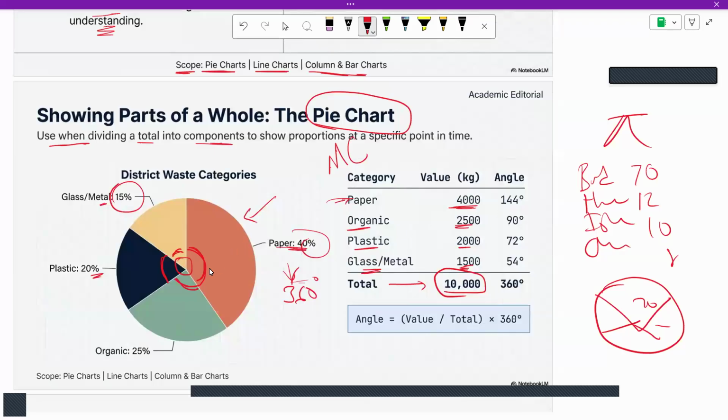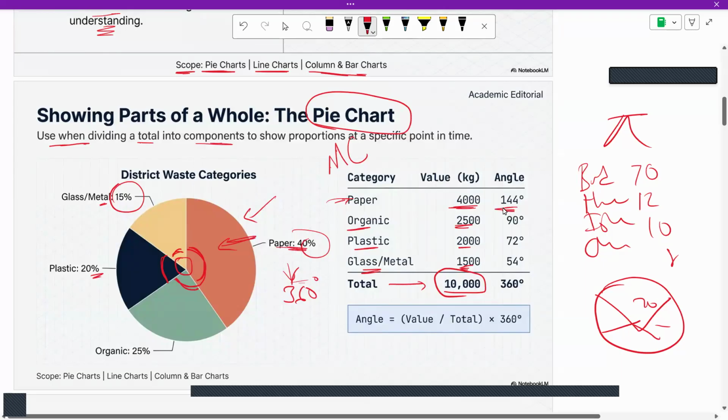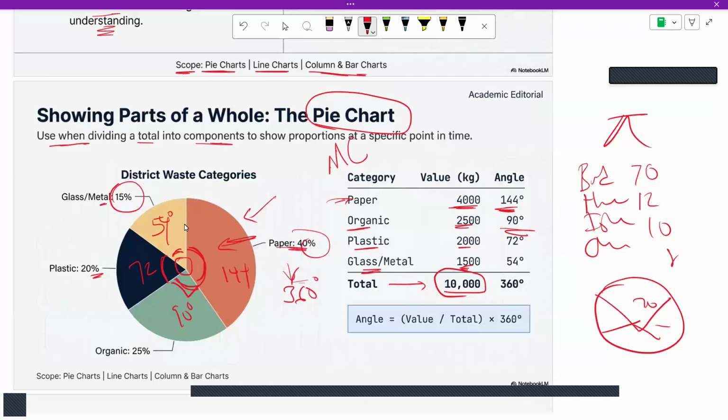We found here paper, the corresponding angle 144, and organic 90, and plastic 72, and metal and glass 54 degrees. 144 degrees, 90 degrees, 72 degrees, and 54 degrees.